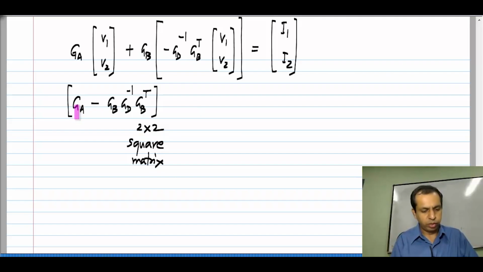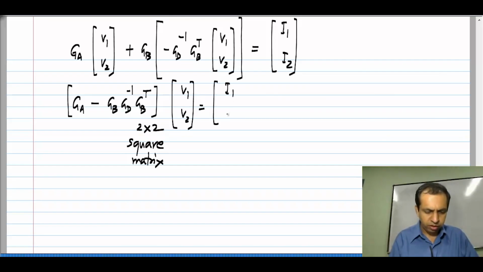G_A is 2 by 2. G_B has 2 rows and n minus 2 columns. G_D has n minus 2 rows and n minus 2 columns, and G_B transpose has n minus 2 rows and 2 columns. So finally, you will end up with 2 by 2. This whole thing times this vector [V1 V2] equals [I1 I2].